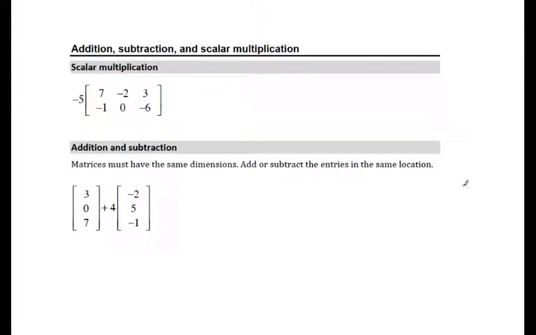The first few operations that we see on matrices are in keeping with this idea of simplicity. In the first example, we're looking at scalar multiplication. Scalar multiplication is different from matrix multiplication because we're not multiplying a matrix by a matrix, we're multiplying a number times a matrix.